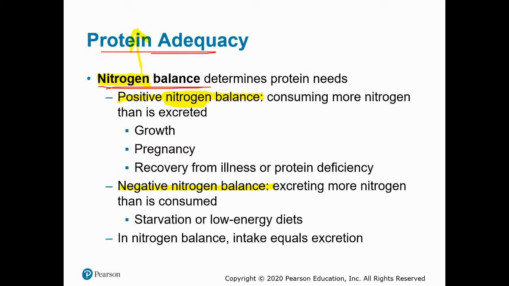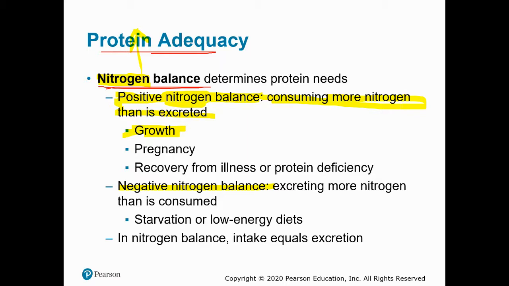So if we have positive nitrogen balance, that means we're consuming more nitrogen than we are losing, right? We're going to see positive nitrogen balance at a few specific instances in life. Whenever a body is growing, so infants, children, adolescents, they should be in positive nitrogen balance, because they're building.